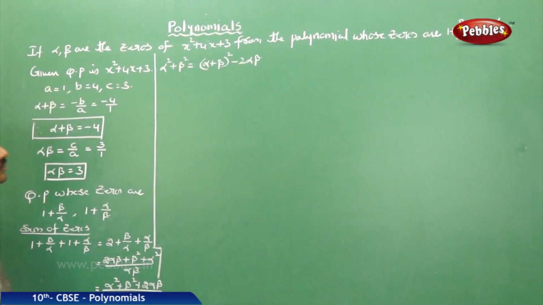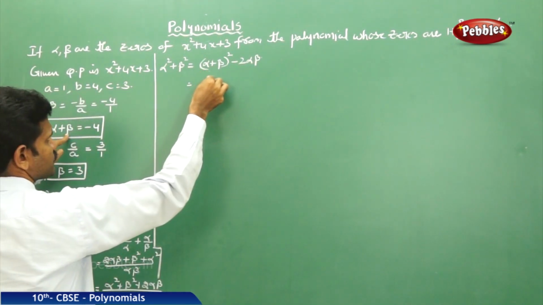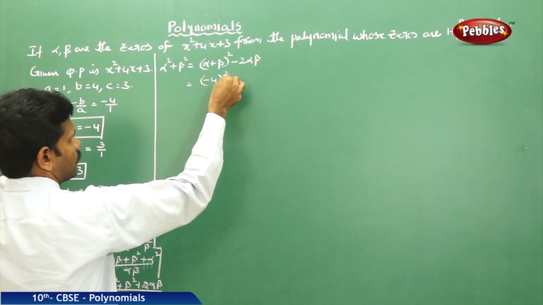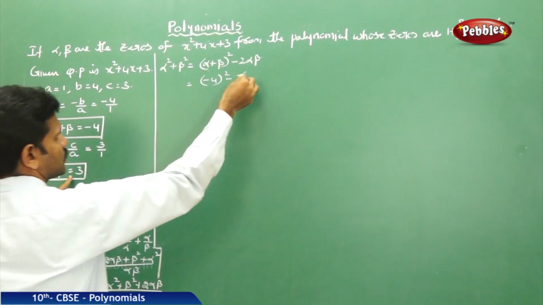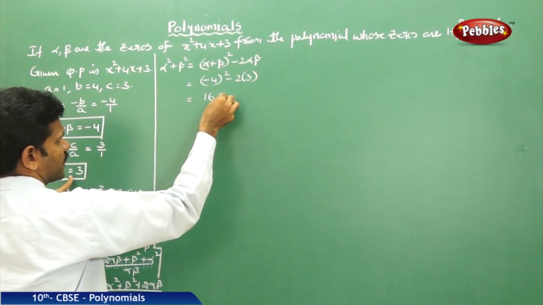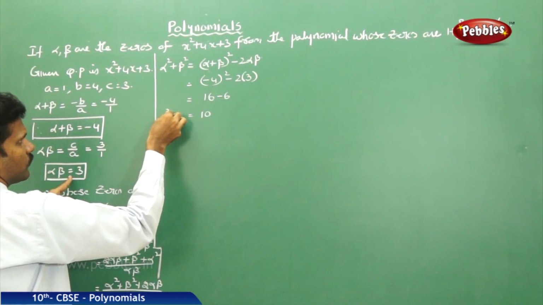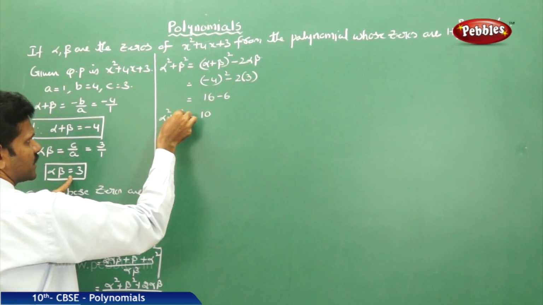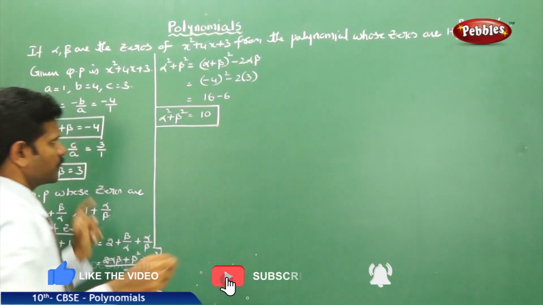This is the formula. That is equal to minus 4 whole square minus 2 times alpha beta value 3, that is 16 minus 6, equal to 10, which is the value of alpha square plus beta square.